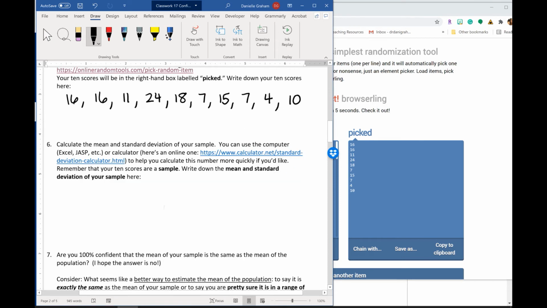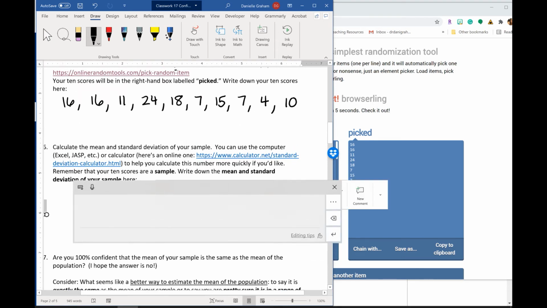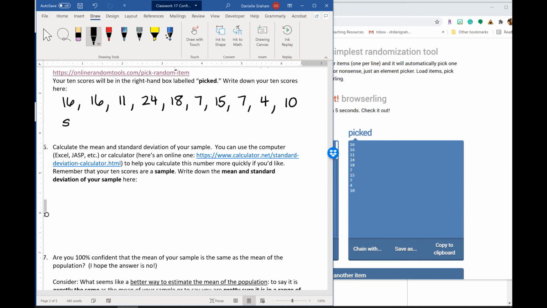So the next thing I want to do is calculate the mean and the standard deviation of my sample. So the mean, and remember, since this is a sample, this is not the whole population. This is just a sample from it. That means I'm using this symbol, X bar, sample mean.